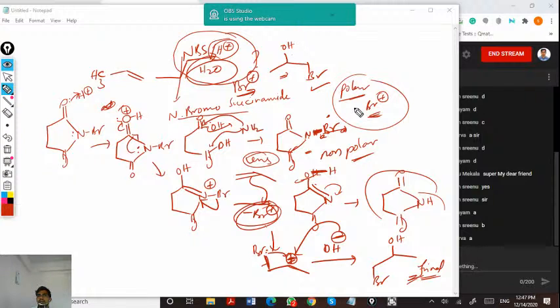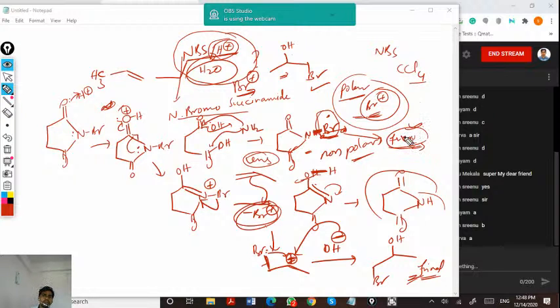So the reagent system is polar, so it releases bromonium ion. If it is non-polar, if it is simple NBS in a non-polar system, meaning carbon tetrachloride or benzene, it's going to give bromine radical, which will be studied in free radical addition reaction. In the next class, we are going to see the free radical addition reaction.